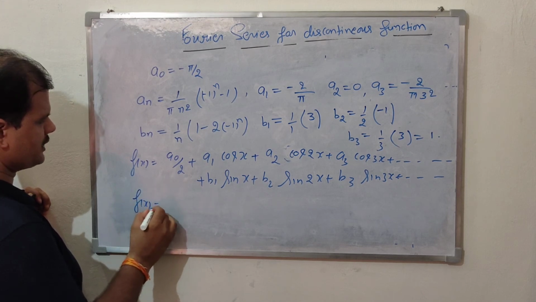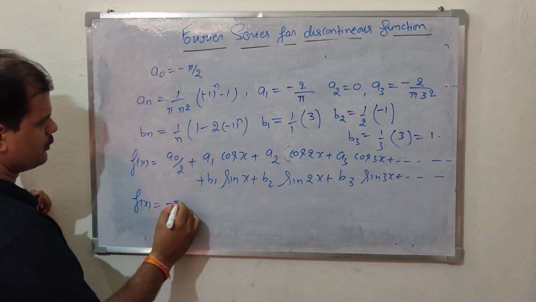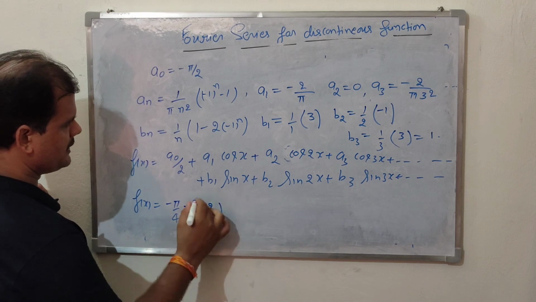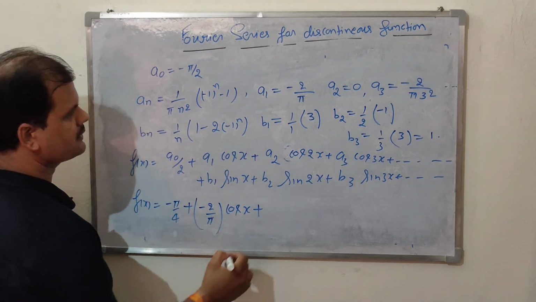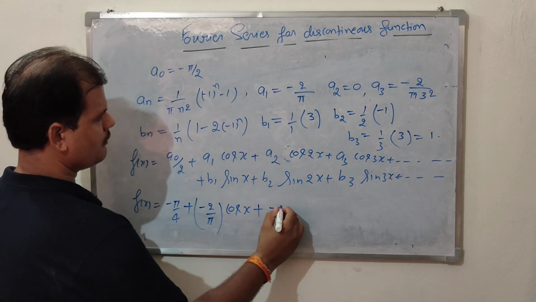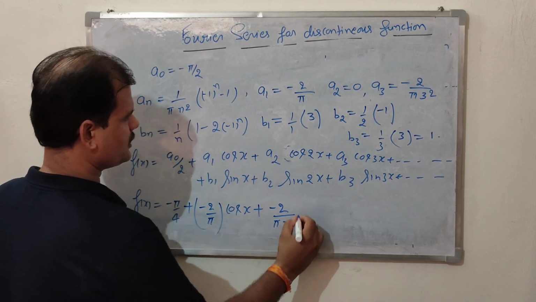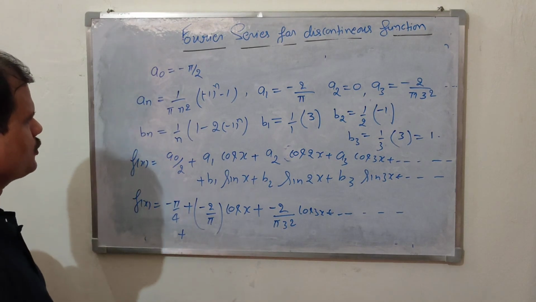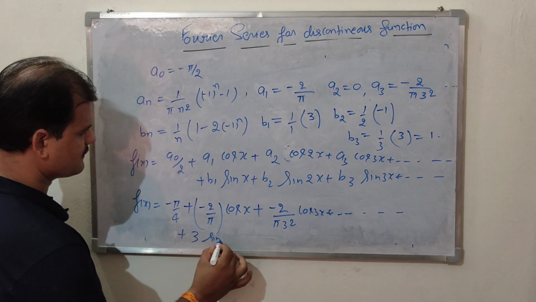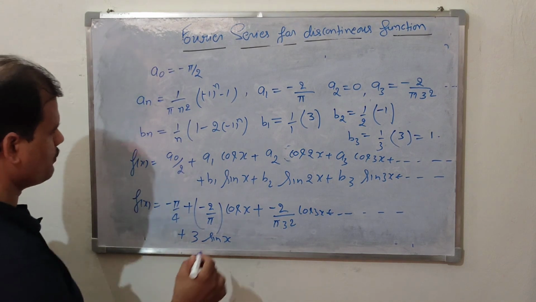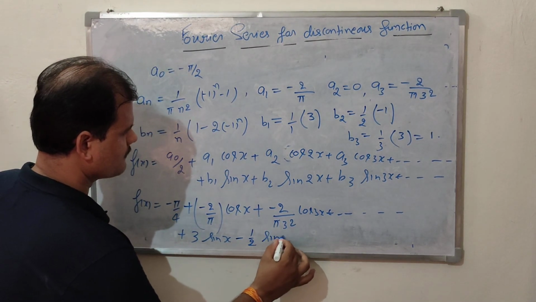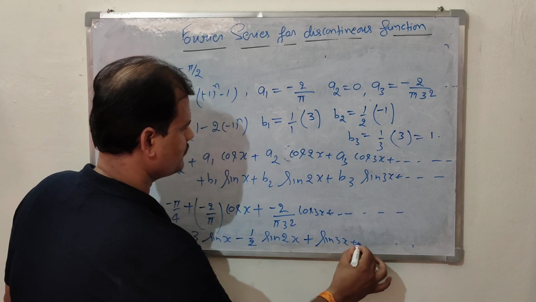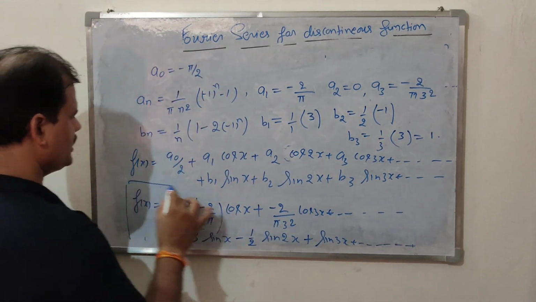So we get f of x, a0 equal to minus pi by 2, so we get pi by 4 plus a1 equal to minus 2 by pi cos x plus a2 0, a3 equal to minus 2 by pi 3 square cos 3x plus dot dot dot plus b1, so b1 equal to 3, so 3 sin x plus b2 equal to minus half, so minus 1 by 2 sin 2x, b3 equal to 1 plus sin 3x plus dot dot dot. So this is your Fourier series.